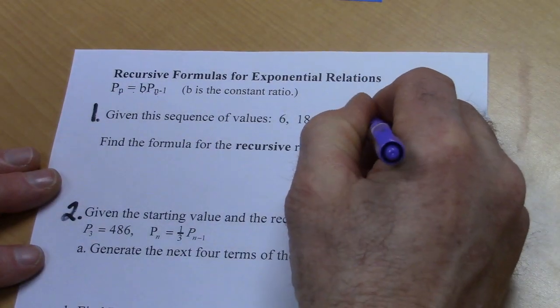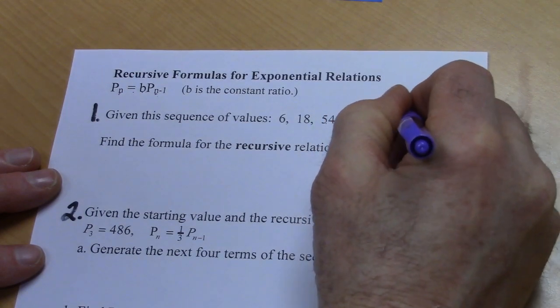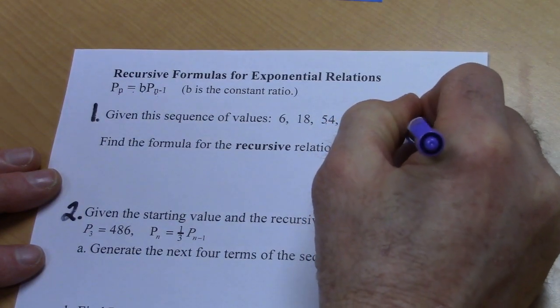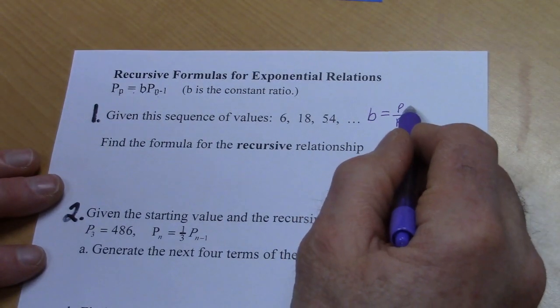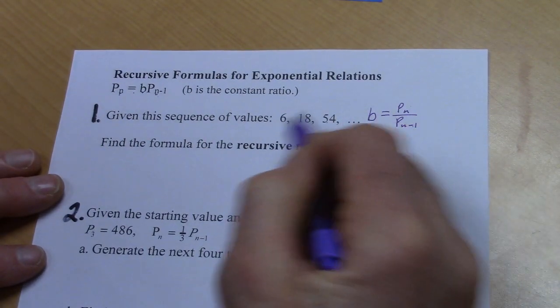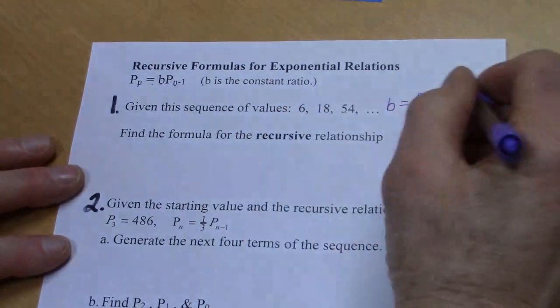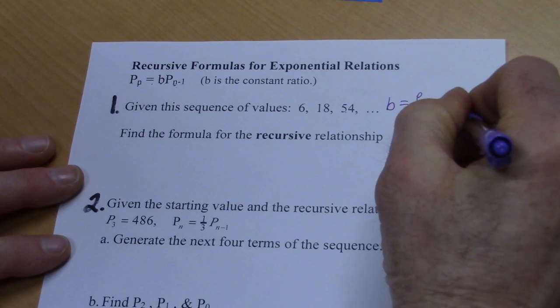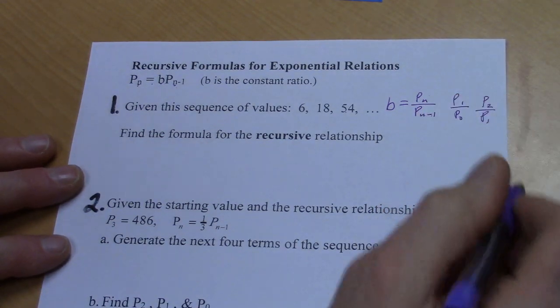But does it have a common ratio? Remember, b is P sub n divided by P sub n minus 1. That is, the ratio is any term divided by the term before it, and that has to be consistent. So here we could take P sub 1 divided by P sub 0, or P sub 2 divided by P sub 1.